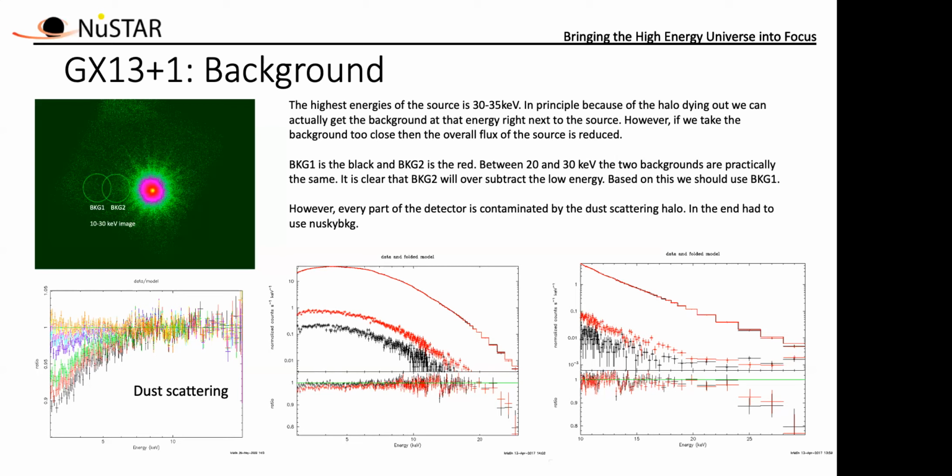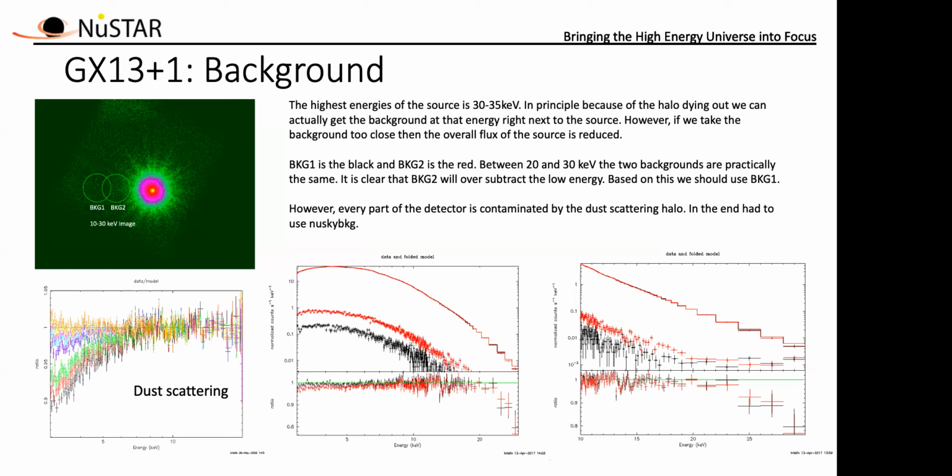So the first thing I had to figure out is what background to use here, because the dust scattering is really covering the entire thing. I have two background regions, and the two plots at the bottom, the red and the black one, are from background 1 and background 2. The further away you are, the lower the background is, until you reach about 20 keV, where the backgrounds are about the same.